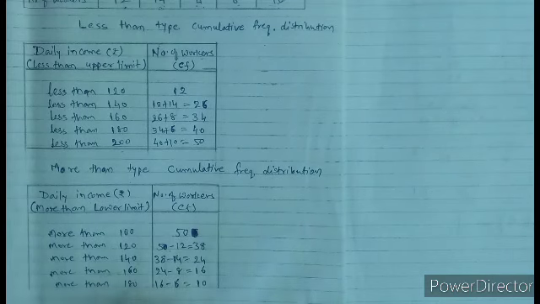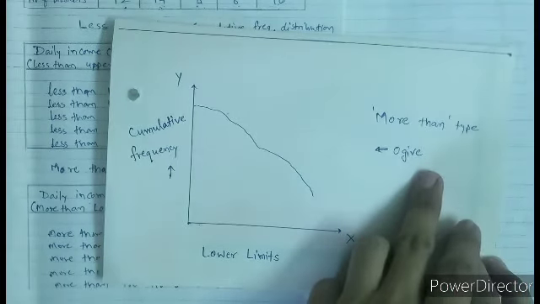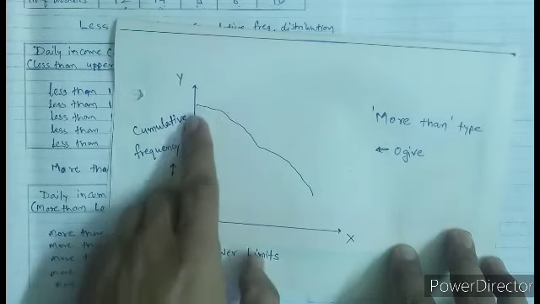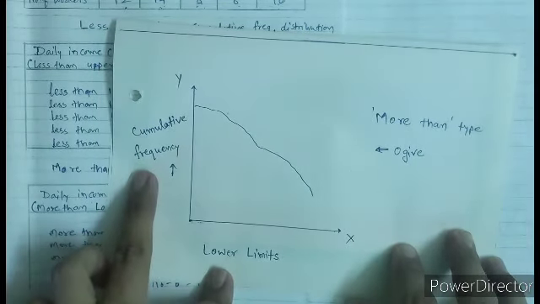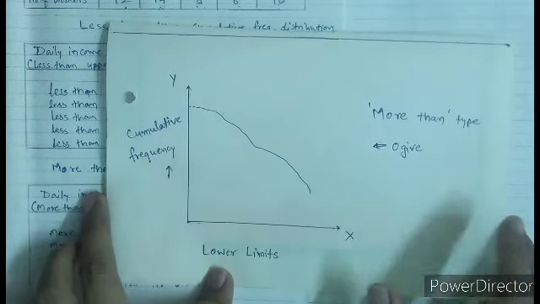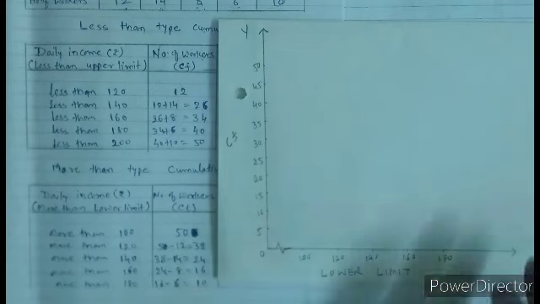Now we have to show this in a graphical form. As we earlier discussed, in case of more than type of OGIVE, the graph curve will be like this. On x-axis we have to show lower limit, on y-axis we have to show cumulative frequency. Now let's see how to show in this question. So here is our graph.